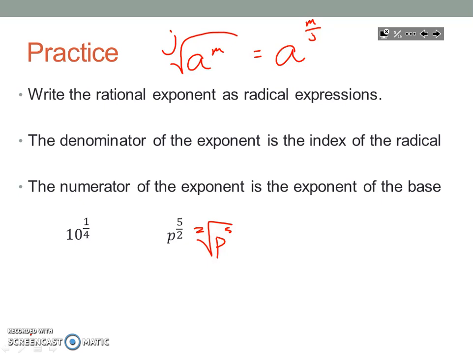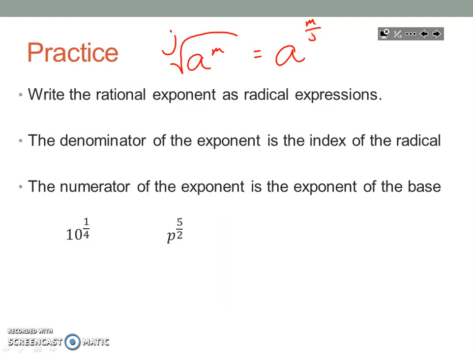And that's because that is a square root. So typically, when I see a square root, I'm going to write it just like this. We do not need to write the 2 because the 2 is implied. So if you ever have a 2 on the bottom here, that's fine to write it like that, but your final answer should not have the 2. Okay? Let's do a couple more.